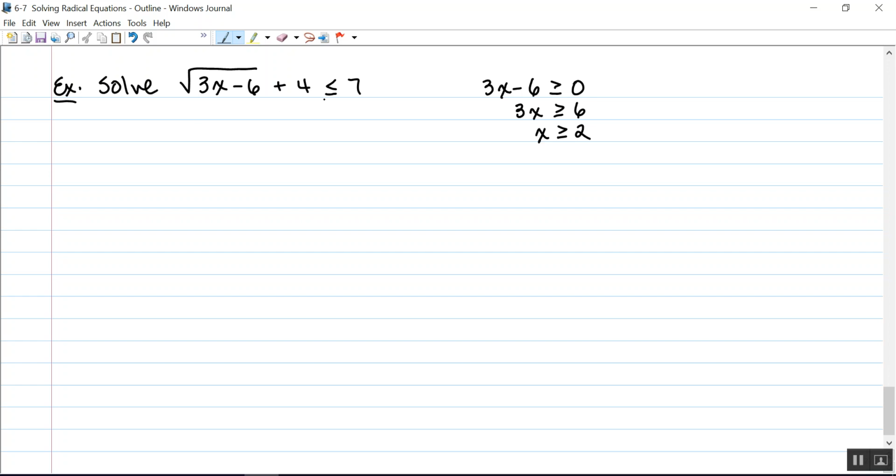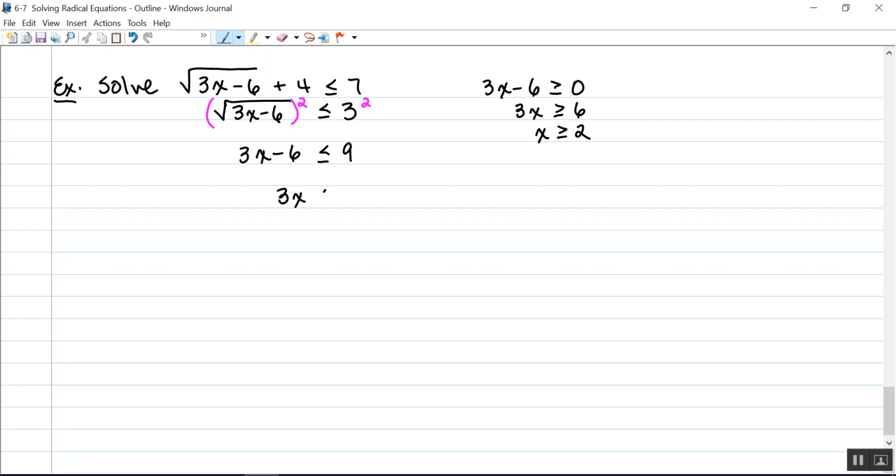Subtracting 4 from both sides, the square root of 3x minus 6 is less than or equal to 3. Squaring both sides, because it is a square root, gives me 3x minus 6 is less than or equal to 9.